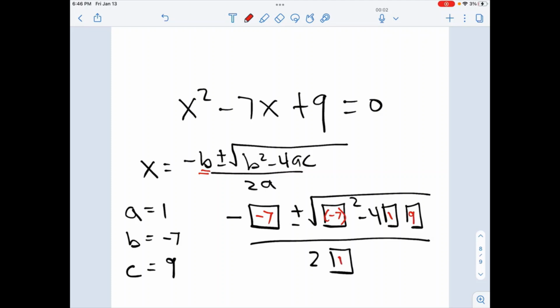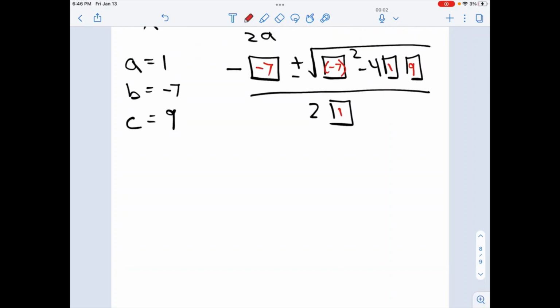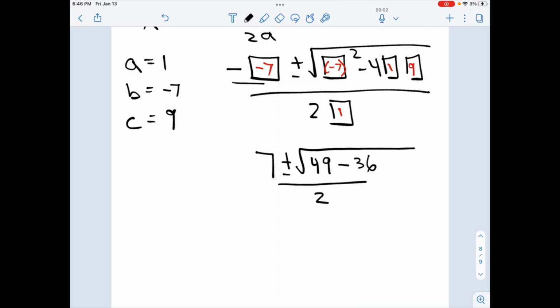Okay, so we're going to clean this up here. And when we clean it up, negative 7 is going to turn into positive 7, plus or minus the square root of negative 7 squared, which is negative 7 times negative 7, positive 49, minus 4 times 1 times 9, which is 36, all over 2 times 1 is 2.